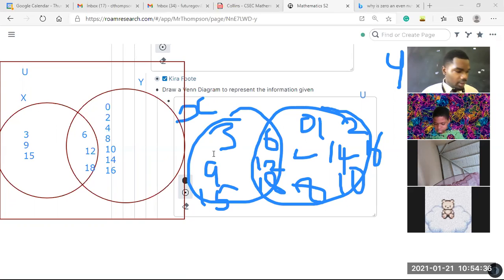Okay, the last question says, shade the region. So someone screenshot or hurry up and draw this. I'm going to now write the last question.